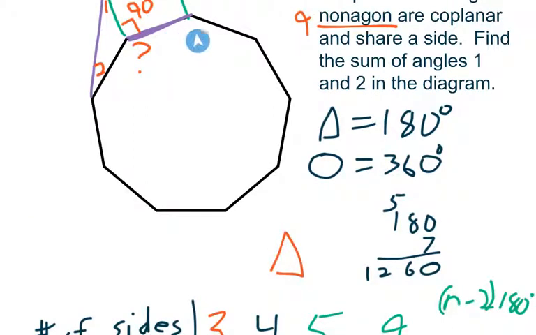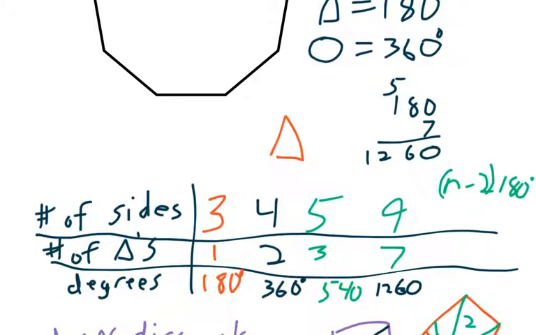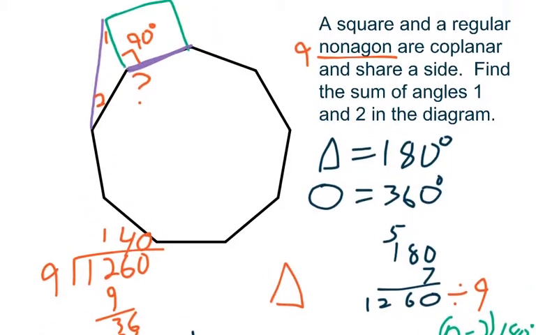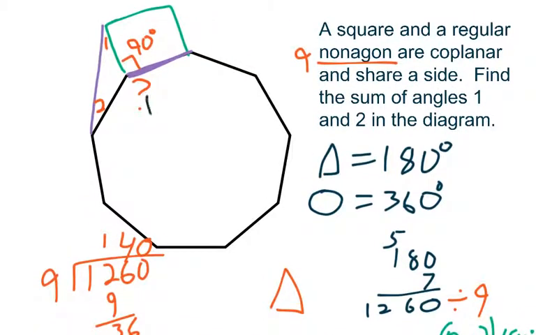If it's a 9-sided figure, there are 9 interior angles that are created. So we can just divide that by 9. So my formula does this: we do n minus 2 times 180, and then we divide it by the number of sides. So I'm going to do 1260 divided by 9. And I divided those and got 140. So 140 degrees is the measure of every one of these interior angles.